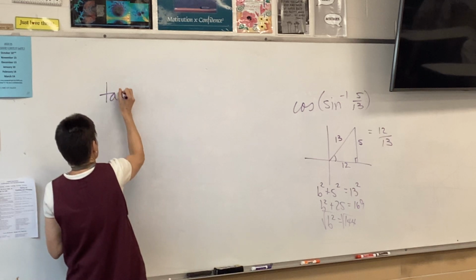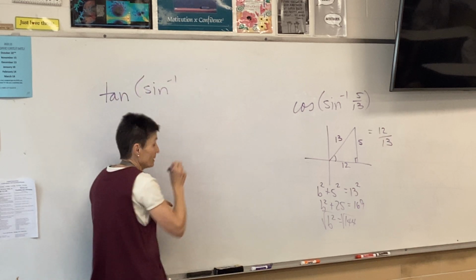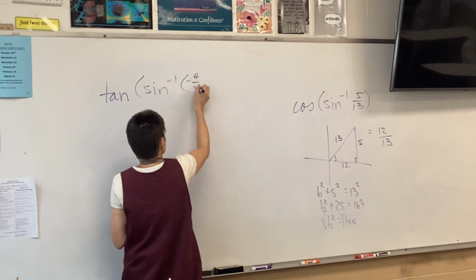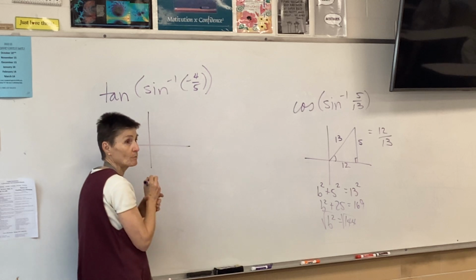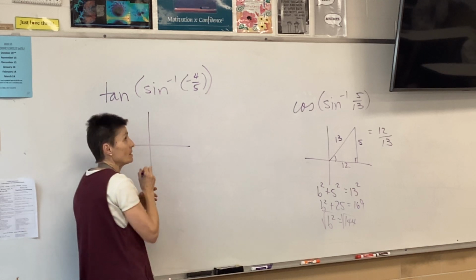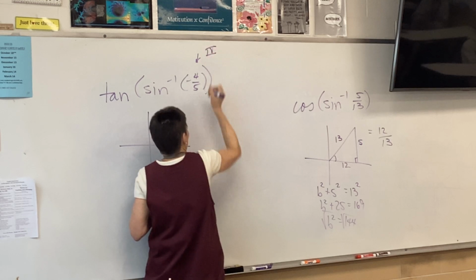All right, now we're gonna have the tangent of the angle whose sine is -4/5. Oops, there's a negative. So I won't draw it in quadrant 1, will I? I will tell you, this one's gonna be drawn in quadrant 4.